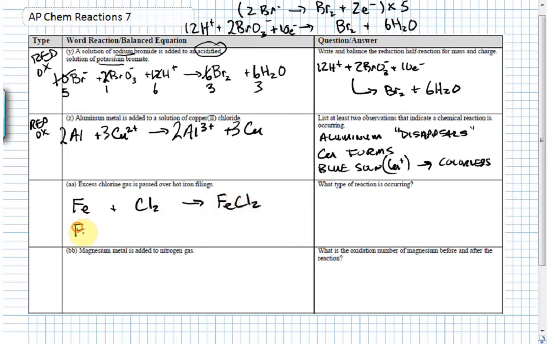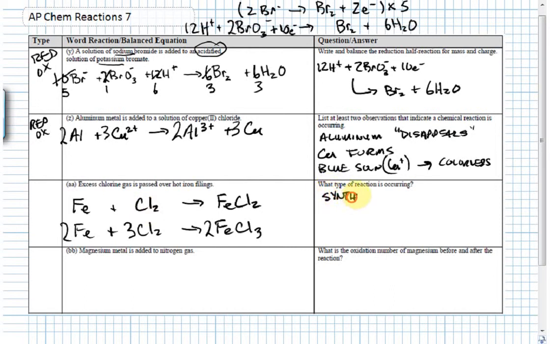If iron forms plus 3, then you're going to say it's FeCl3. In order to balance those, the first reaction is balanced. In the second case, I'm going to need to put a 2 here, a 2 here, and a 3 there. All right, either one of those would be acceptable, and this would be called a synthesis reaction.